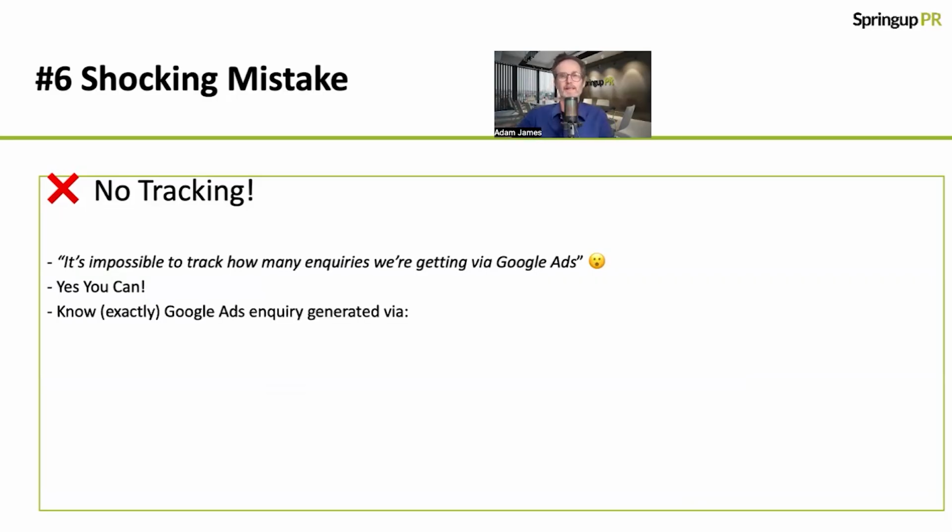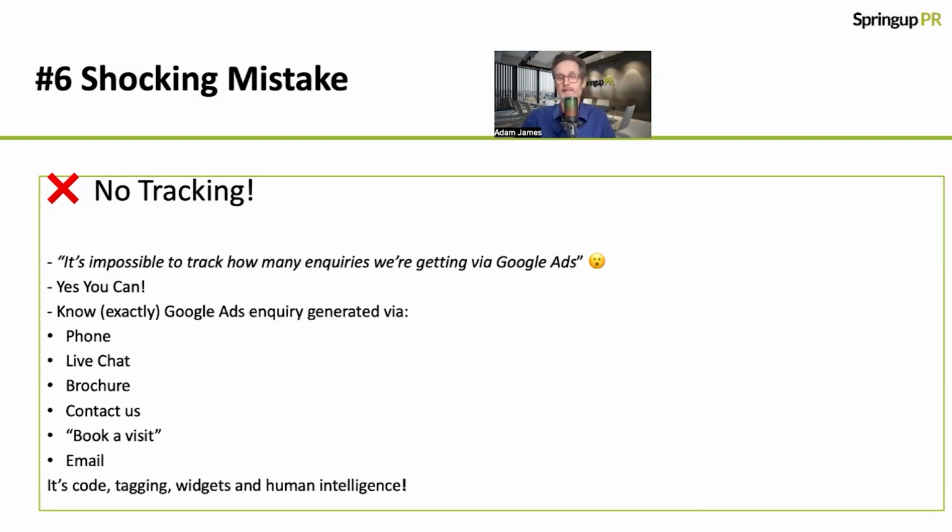Because you want to know exactly the Google Ads inquiries generated by phone calls, by live chats if you have it, which you should, real person live chat, brochure download, contact us form submissions, booking a visit, and email. So you need to be tracking, and it's code, it's tagging, it's widgets, and human intelligence. Put all those together, and yes, you are able to track.